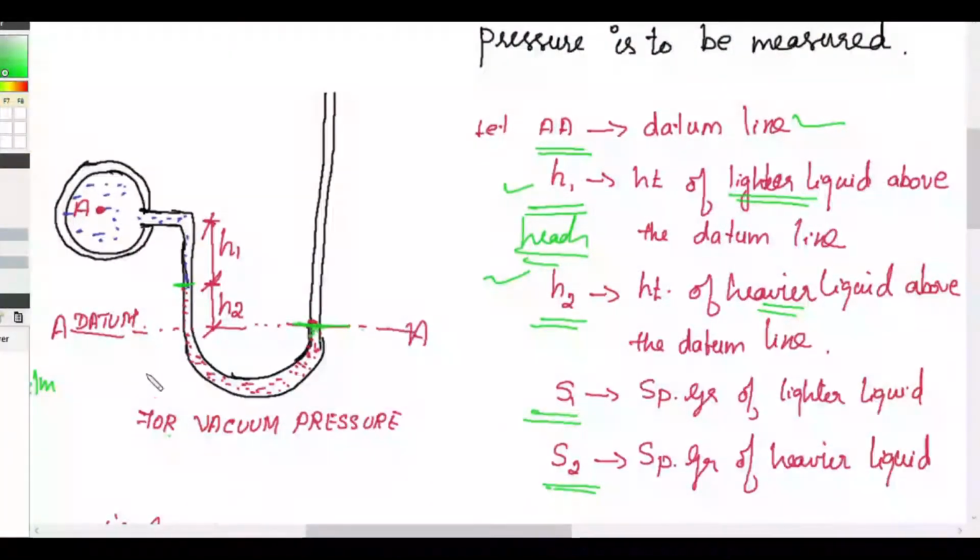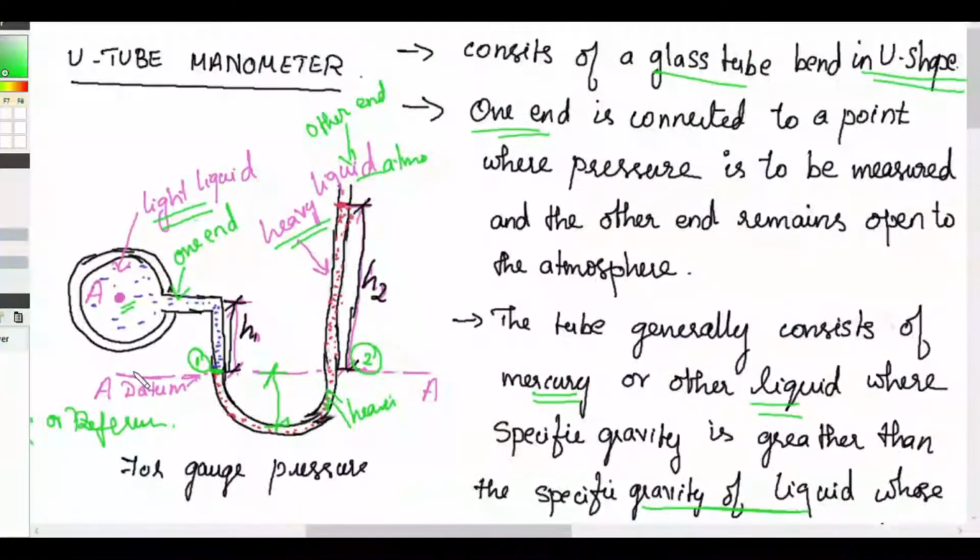Here also, this will be the datum, this will be section 1, this will be section 2. So pressure intensity at 1 will be equal to pressure intensity at 2. We know the pressure intensity is rho GH. Now, what will be the pressure intensity at 1?